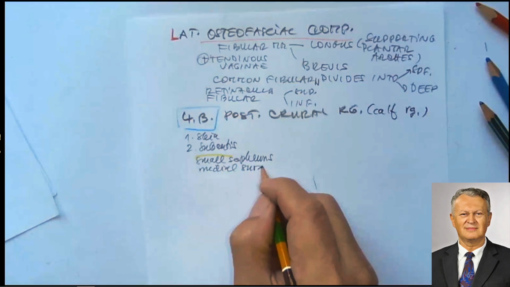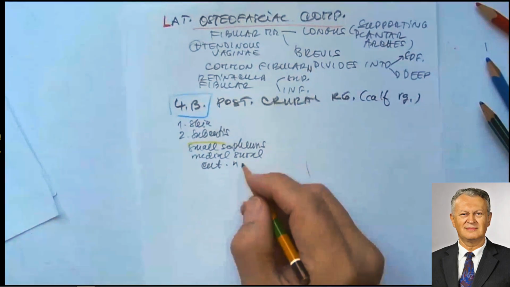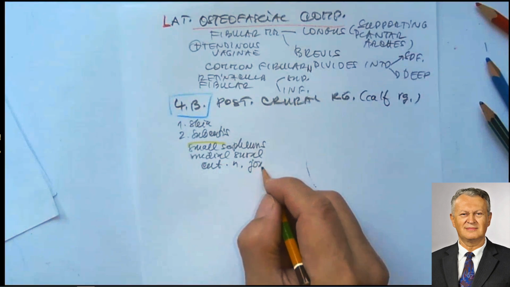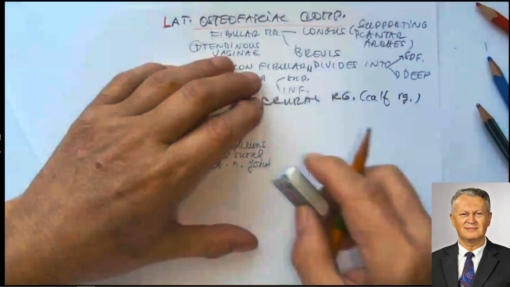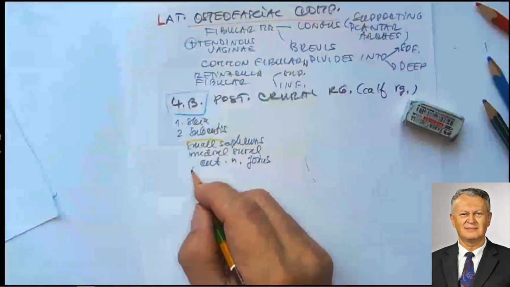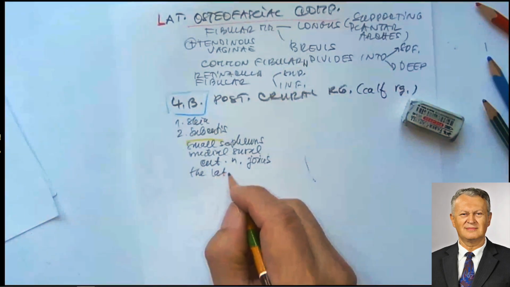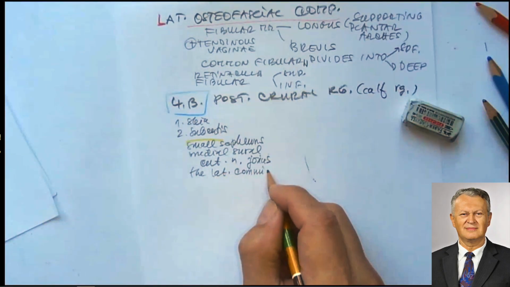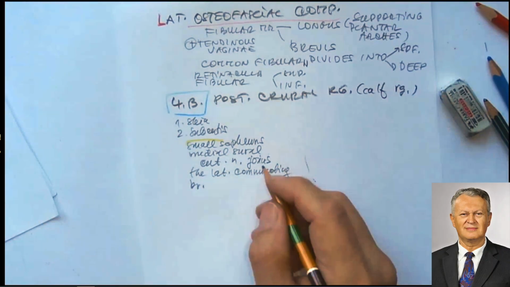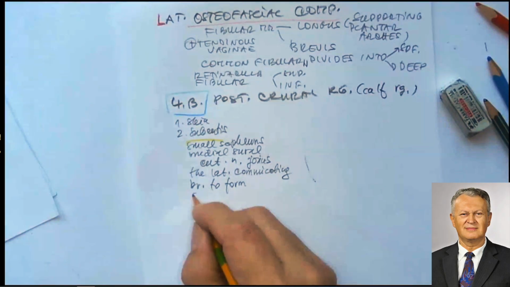medial sural cutaneous nerve, which joins, maybe we can say medial sural cutaneous joins the sural or lateral communicating branch to form the sural nerve.